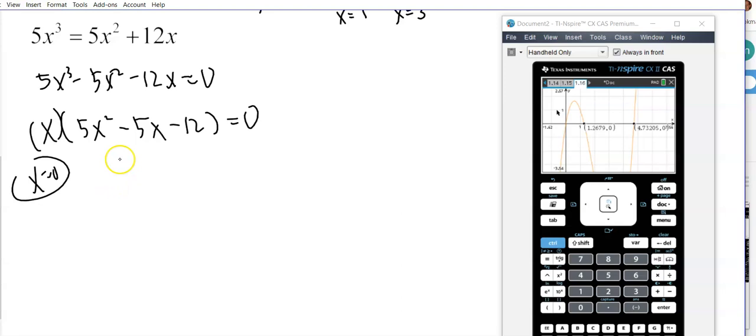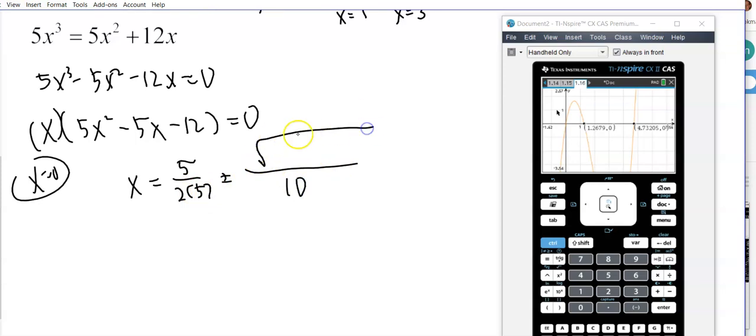So I'm just going to do the quadratic formula. 5 over 2 times 5, plus or minus square root of 25 minus 4 times 5 times negative 12. So it's going to be adding a number there.